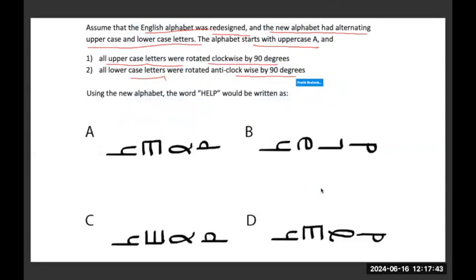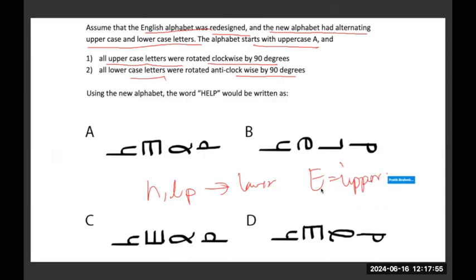In this case, to make your life easier, when you compare the options, H, L and P are in lowercase versus E is in uppercase. Now E has to be in uppercase because E is the odd numbered letter. That's why E has to be uppercase.